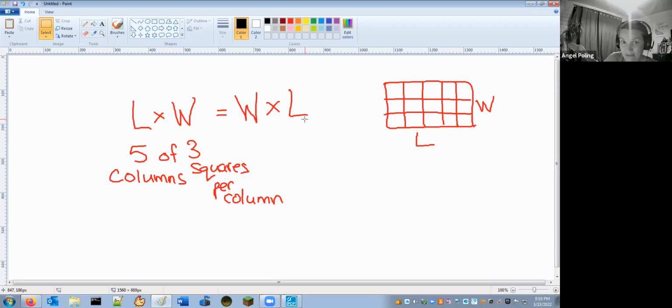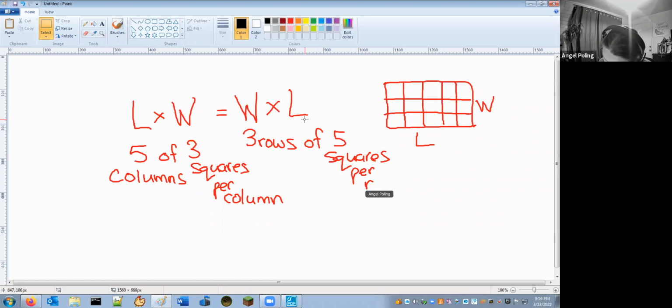It's the exact same rectangle as looking at 3 rows, each with 5 squares per row. So whether we look at L times W or W times L, those produce the same amount of squares. It produces 15 squares here in our example.